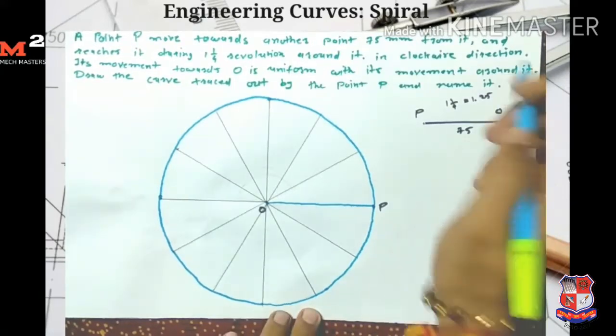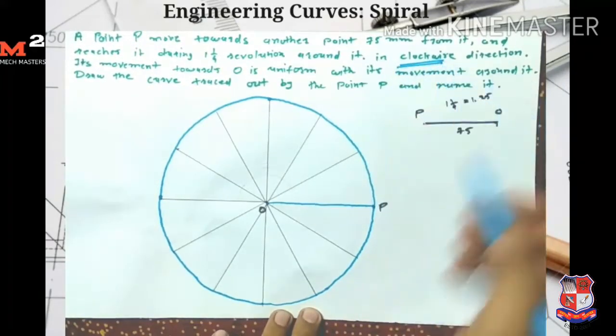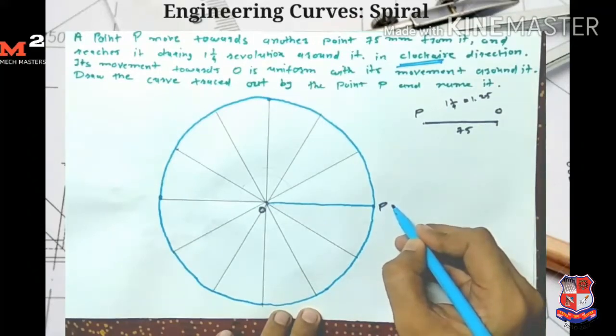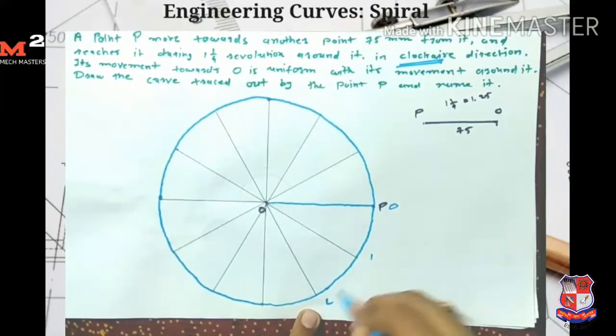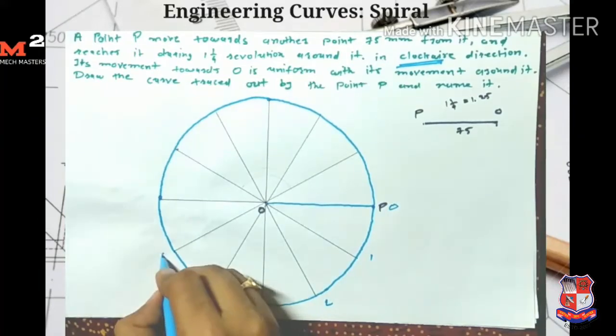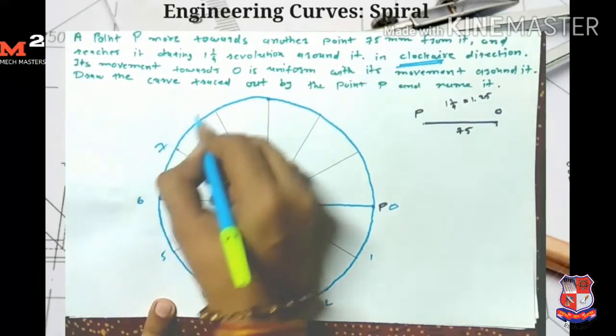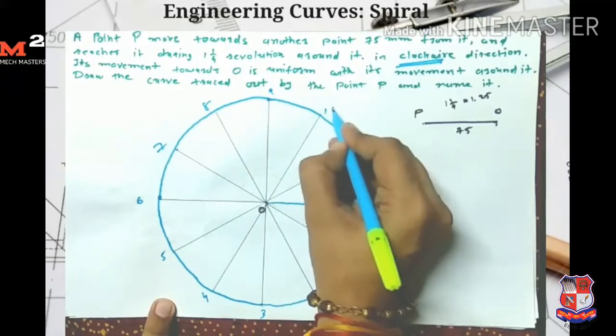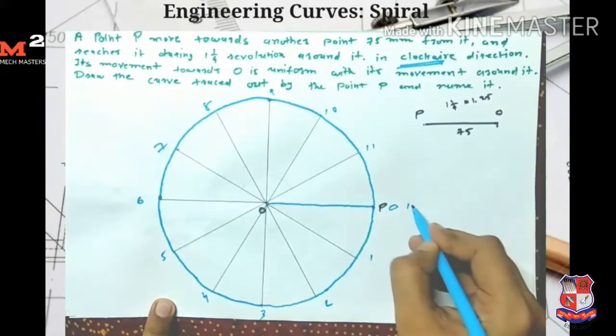How many parts to divide the circle into depends on us; in this problem I divide it into 12 equal parts. The point moves in the clockwise direction, so I start the naming from here: 0, 1, 2, 3, 4, 5, 6, 7, 8, 9, 10, 11 and 12.